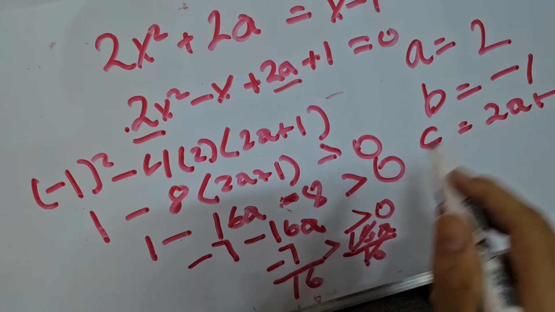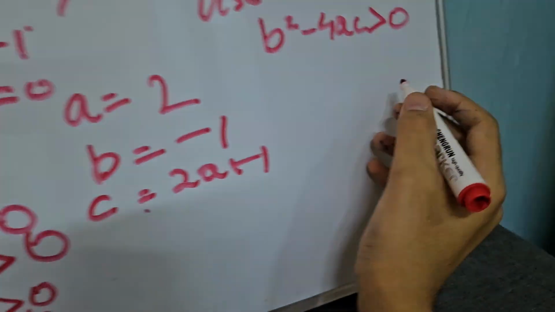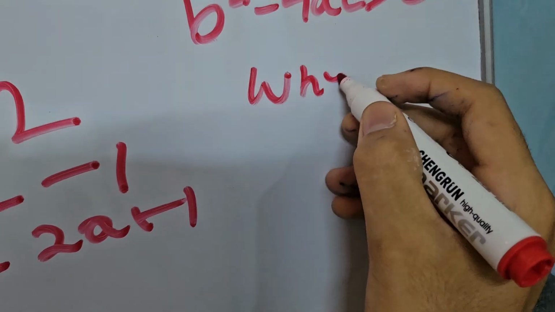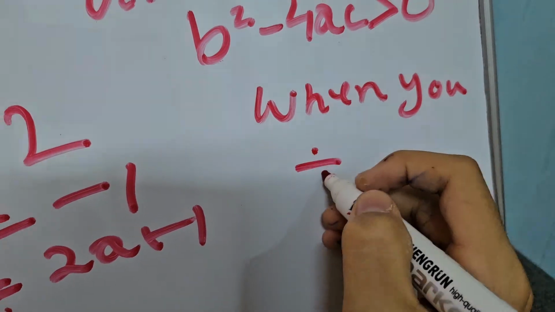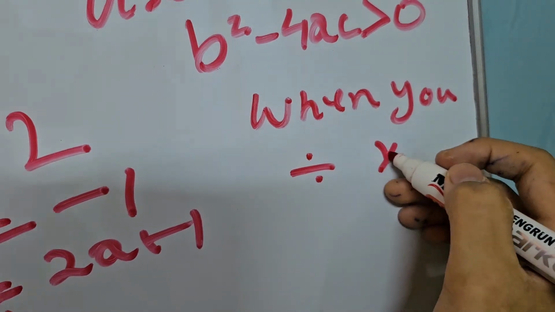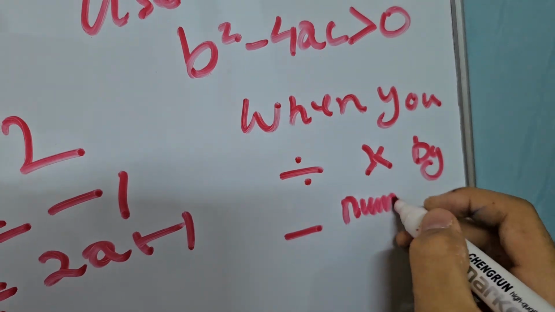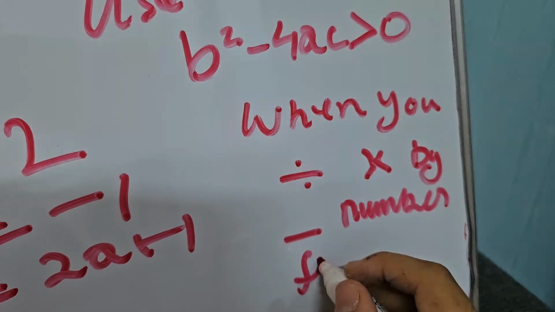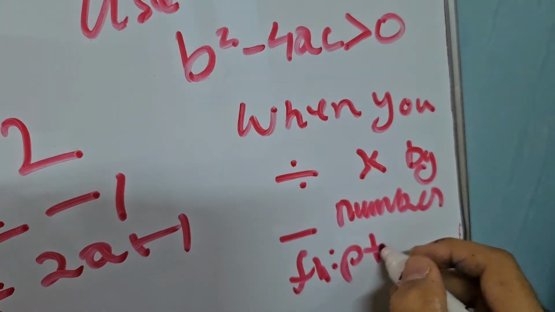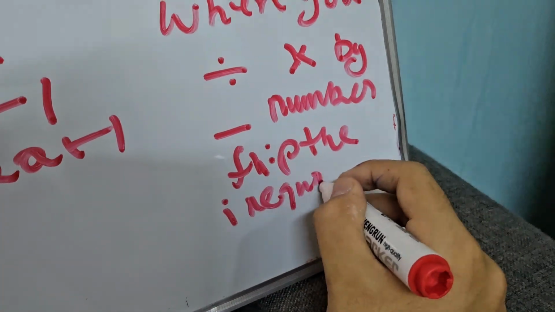The key thing to remember is that when you divide or multiply by a negative number, flip the inequality sign.